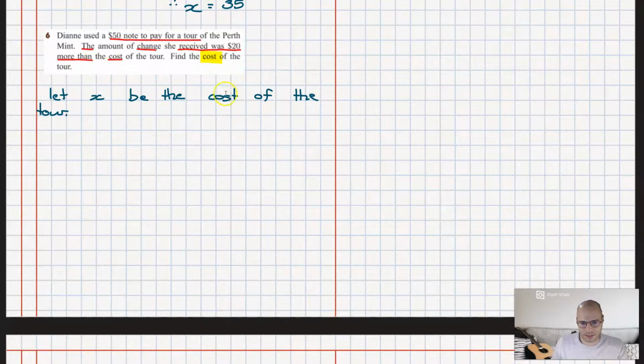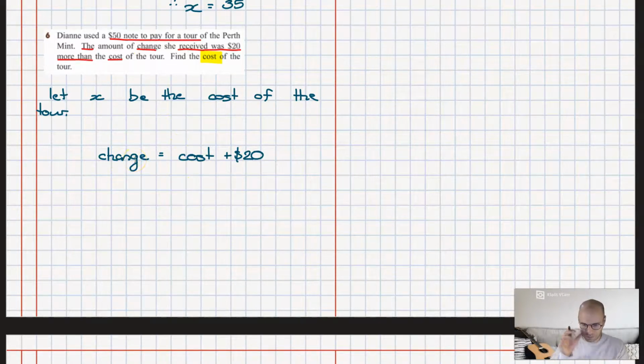If we say the cost is the thing we're trying to find, then we can write change is equal to cost plus 20, because change received was $20 more than the cost. So cost plus 20 equals change.